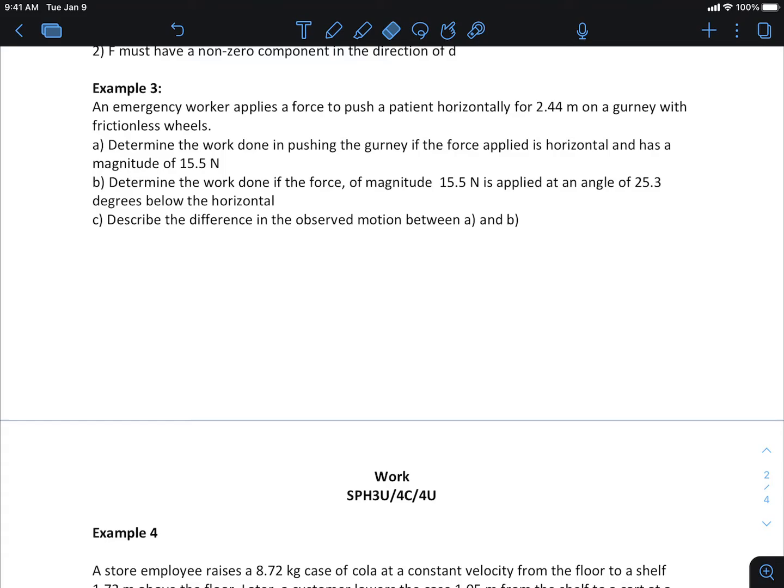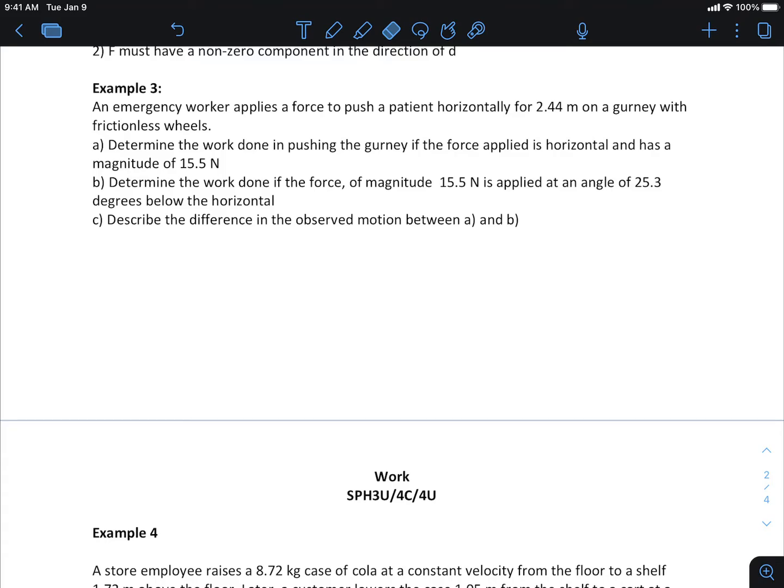Part B wants us to figure out, what if we change it and apply the force at 25.3 degrees below the horizontal? And part C just wants us to discuss the difference between those two scenarios, and discuss the difference in the numbers that we see.